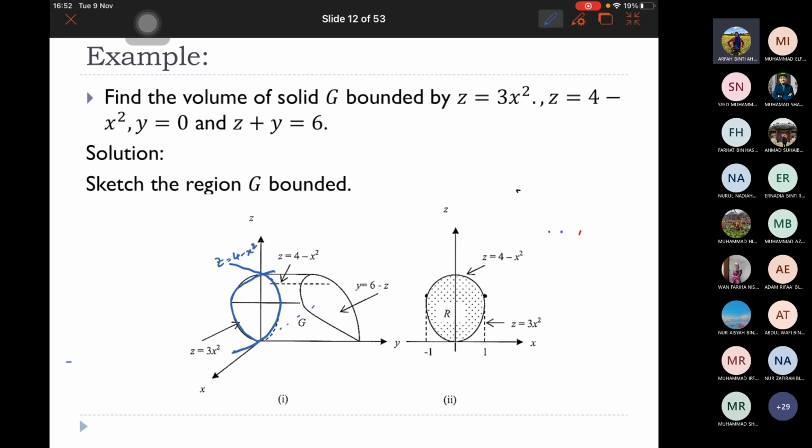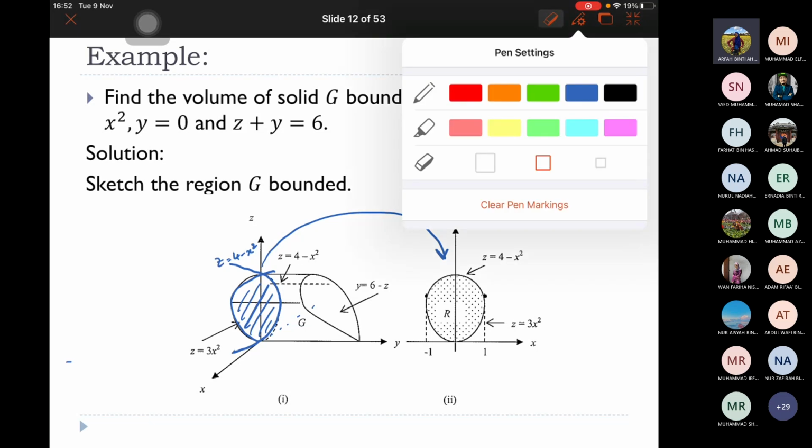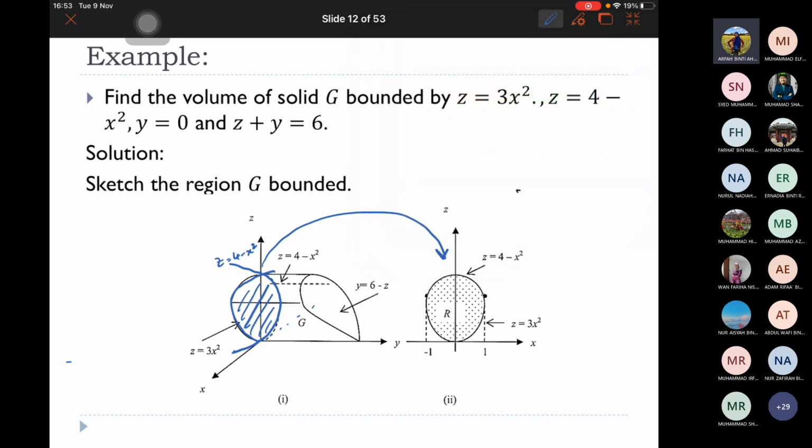This is Z sama dengan 4 tolak x². Okay. So ini adalah dia punya base region R, yang mana yang ini kita akan gunakan untuk type 1 atau type 2. Okay. So from here, kita dapat the combination of the region will be like this. Okay. So ini garisan Y sama dengan 0 tadi, and this is, ini adalah garisan Z tambah Y sama dengan 6.